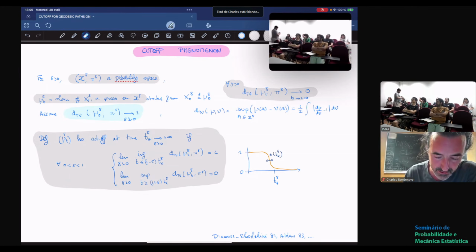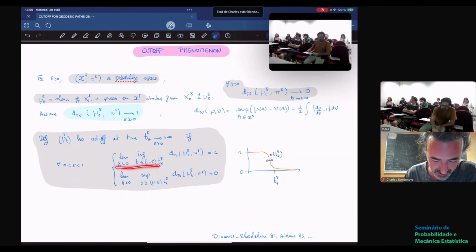If you take any epsilon, and you are slightly below this time t star, the minimal distance you are from equilibrium just before t star goes to 1 as delta goes to 0.